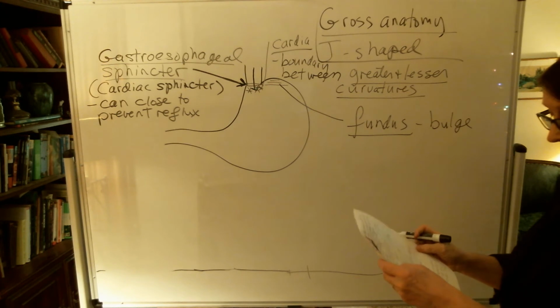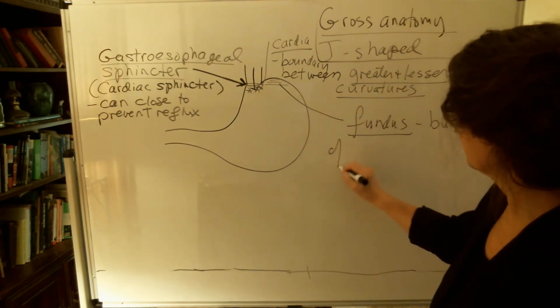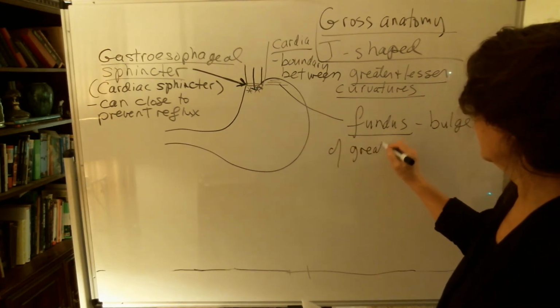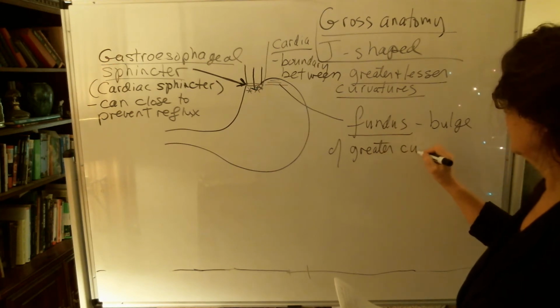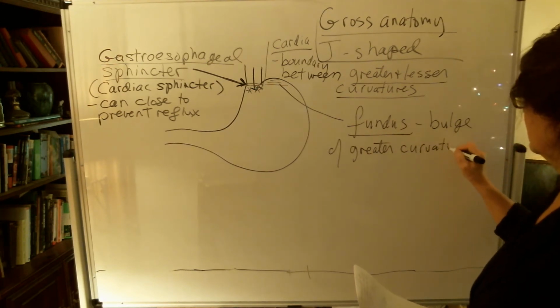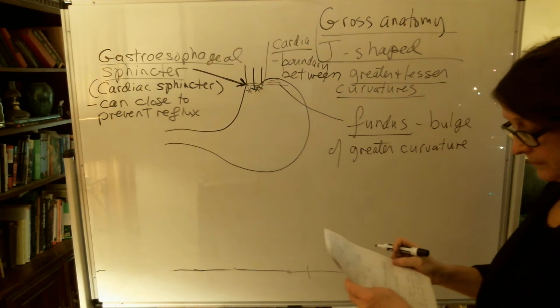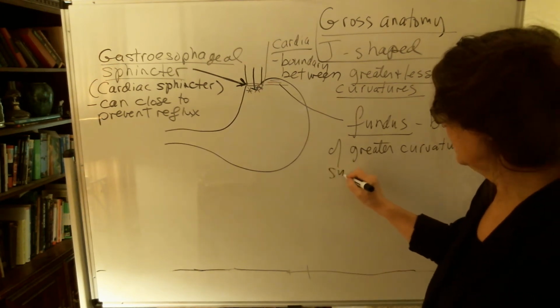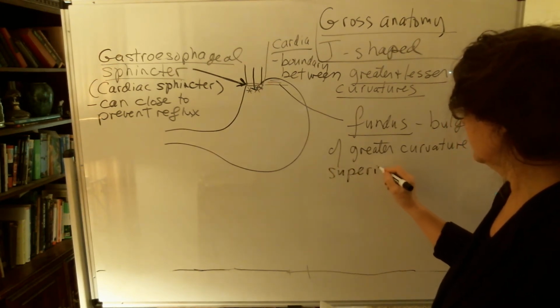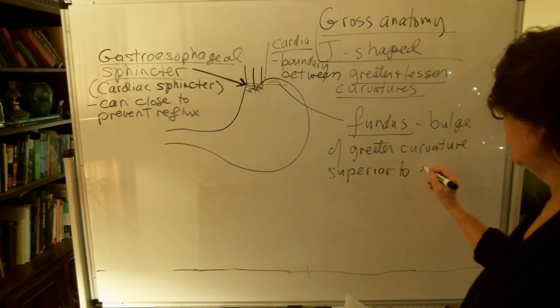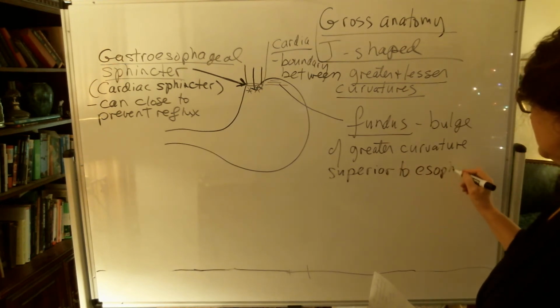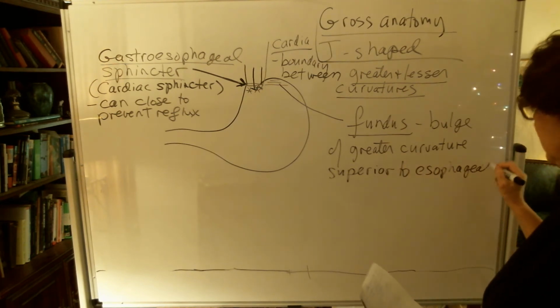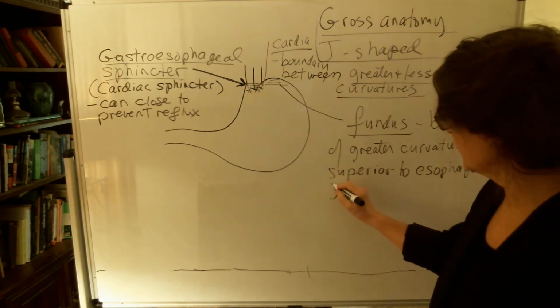So that then is the bulge of the greater curvature that is superior to the esophageal junction.